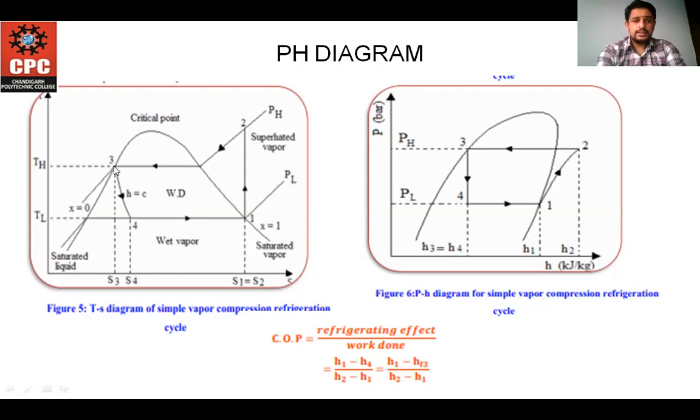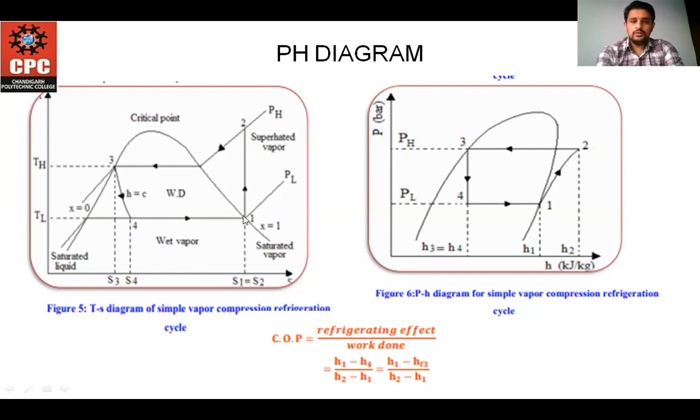After that, this high temperature refrigerant is passing through the expansion valve, due to which there is an increase in entropy from 3 to 4. The process is expansion, and you can see the value of entropy is increasing due to expansion, and temperature also decreases simultaneously. And due to expansion, the pressure is also decreasing.